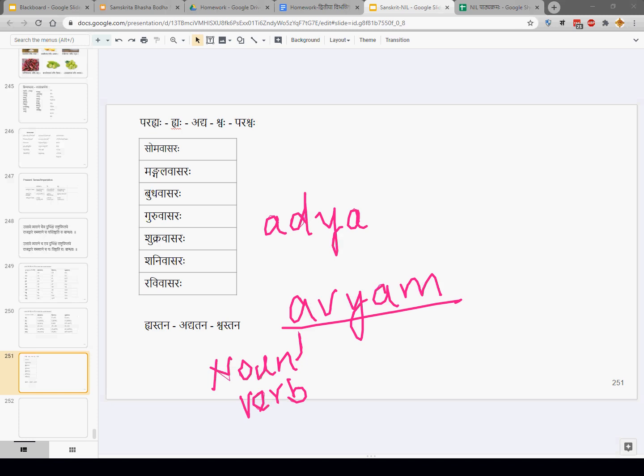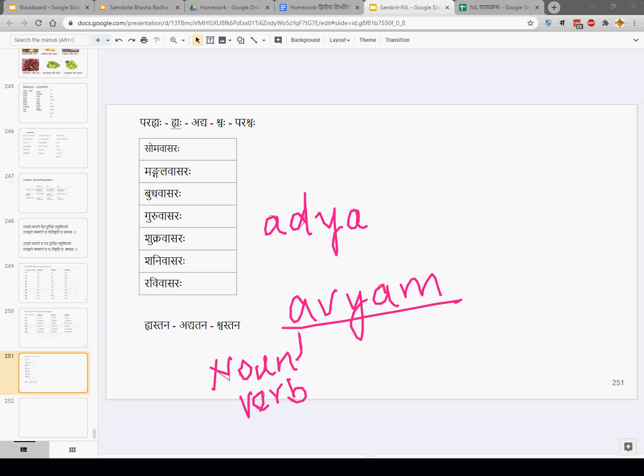There katham is an avyayam. Katham has no different forms, so it is a noun. Bhavan kathamasti means how are you, right? So there are many avyayams in the Sanskrit language.